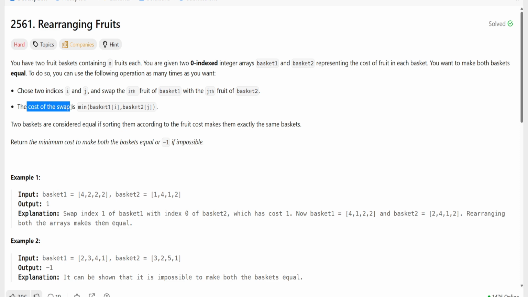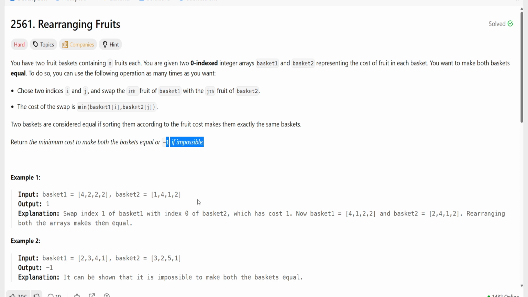Means the cost of swap is equal to the minimum of the cost of fruit from basket 1 and the cost of fruit from basket 2, right? And what is our goal? Our goal is to find the minimum cost to achieve identical baskets, or return -1. This is the problem we have been given.